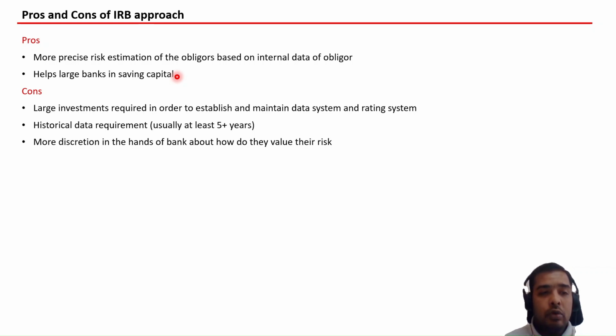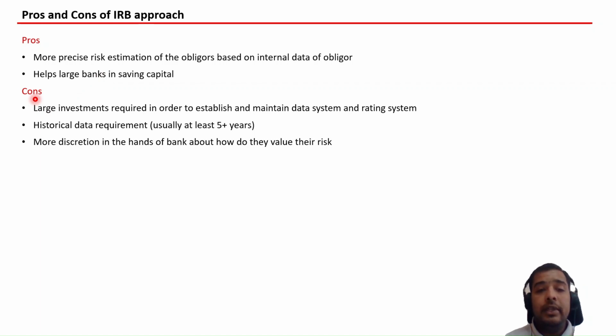These are the major pros of the IRB approach, and most big banks, or global systemically important banks, use the IRB approach to save capital to enhance their business activities.